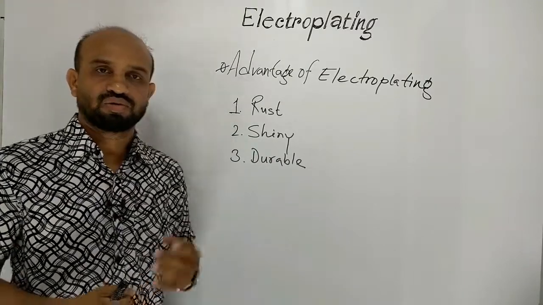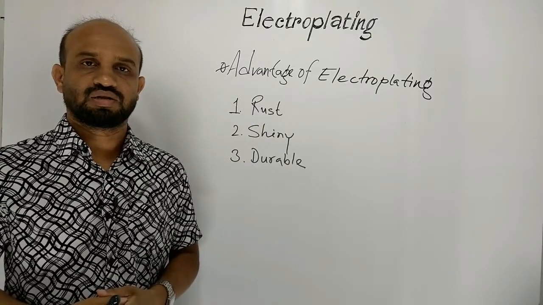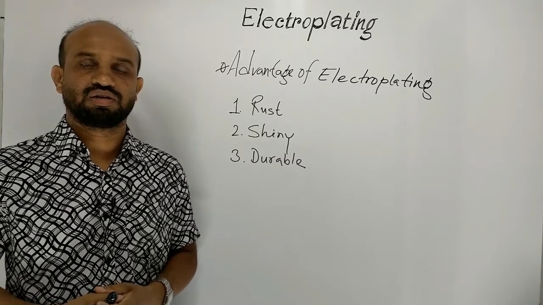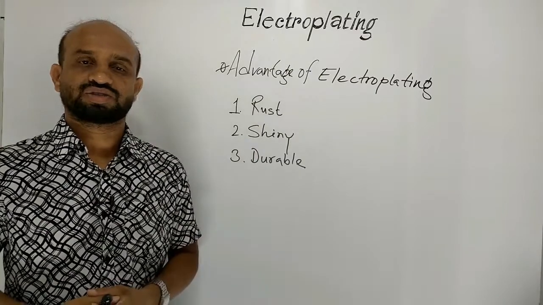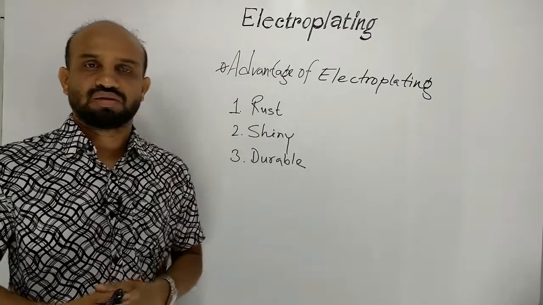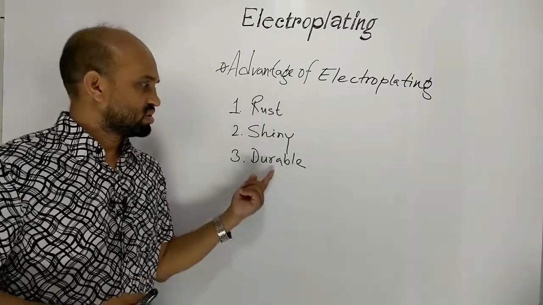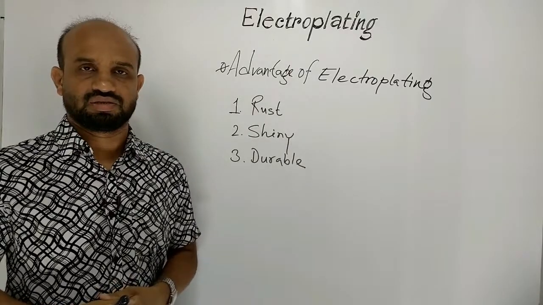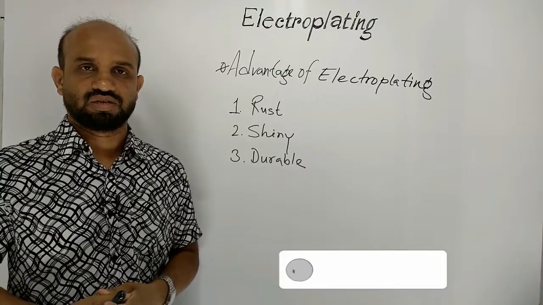Number 2, a layer of less reactive metal like nickel, a silver shiny metal, makes the article shiny, and as electroplating prevents rust formation, the durability of the article is increased. These are the advantages of electroplating.